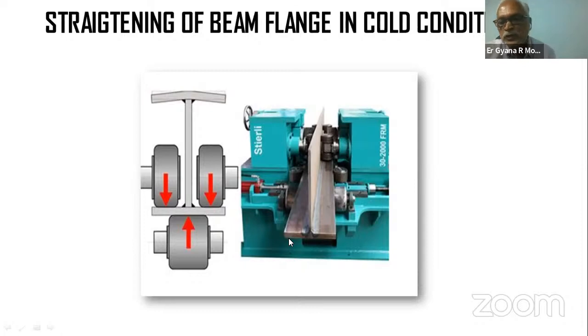It is almost impossible to straighten if you have a cover plate. If you have a cover plate, the automated I-beam welding machines will not work, because the straightening forces are so high that those rollers will not be able to do it. This is a machine for cold straightening: after the welding has been done and the distortion has been allowed, you take it into the machine and straighten it.